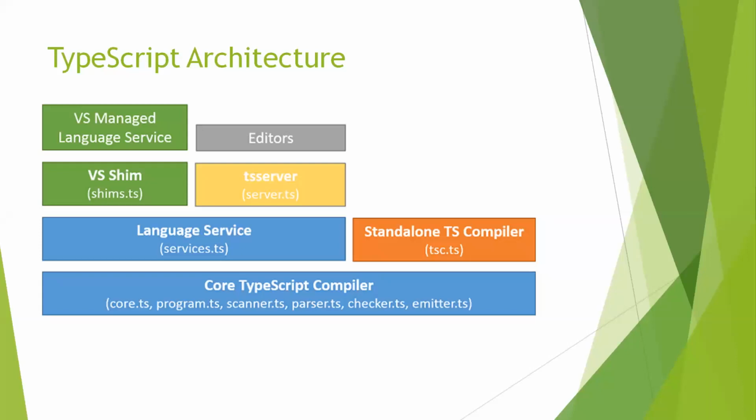All the TypeScript libraries, language service, compiling, request, response, everything is managed in the server. Converting that into cross-platform is managed by shims, and the cross-platform library is called the managed language service. These are all the components of TypeScript architecture.